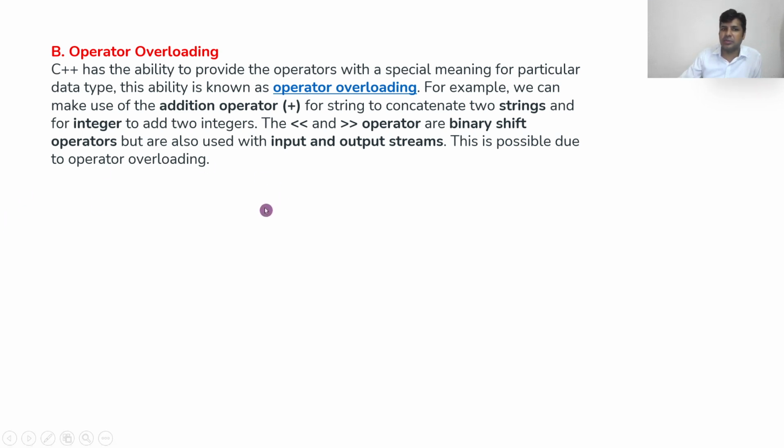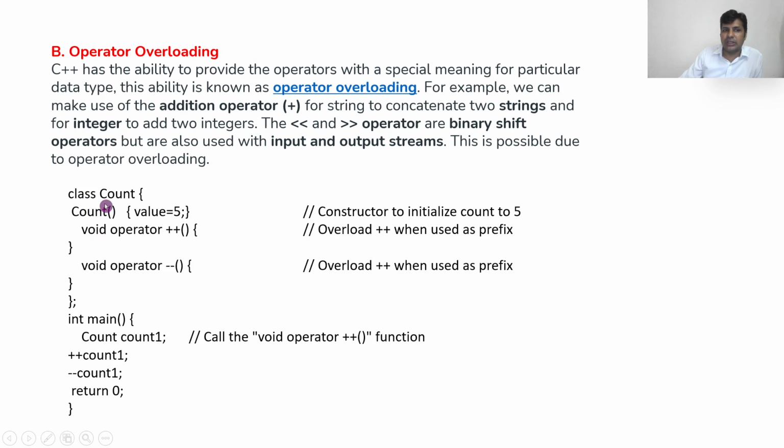Let us see a small example. You can see here class Count, where I have taken value 5. Now I am using void operator. The keyword operator is a must. In the syntax, you write the return type, then operator, then the sign.